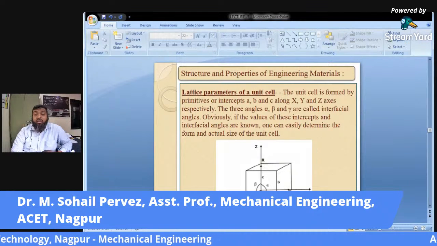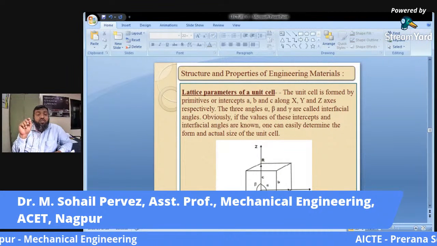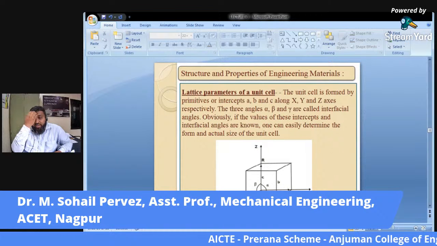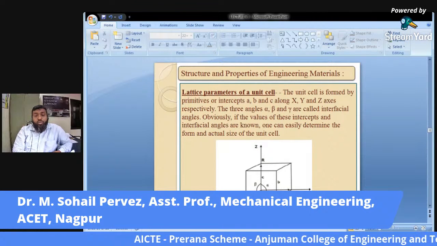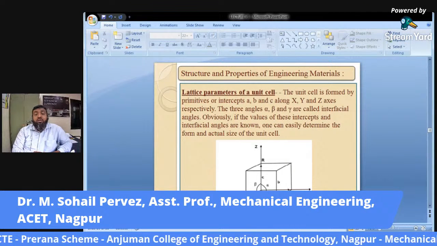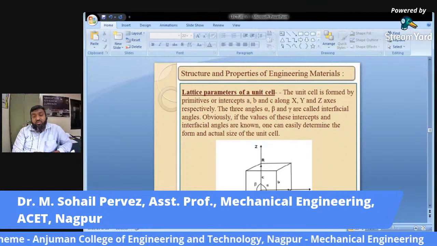The unit cell is formed by primitives. Primitives means smallest part, or intercepts A, B, C along x, y, and z. So A, B, and C are the intercepts or the distances marked on the x, y, and z axes respectively.